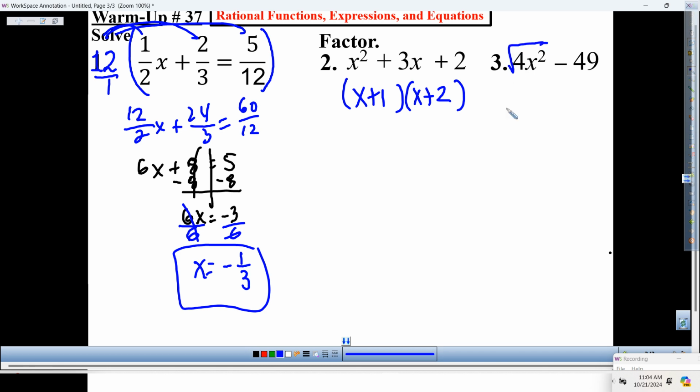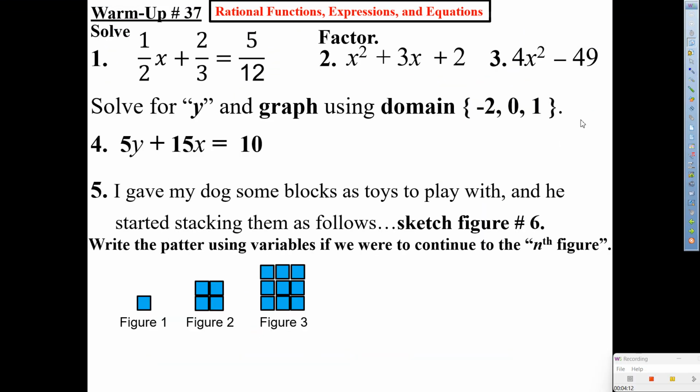Square root of 4x squared. That's 2x and 2x. Yes? Square root of 49. +7 and -7. That is correct. Ooh-wee. We good, yeah? So far so good. The only thing that I'm trying to bring back is these, trying to retrieve them from your long-term memory. All right? Let's go to number 4.